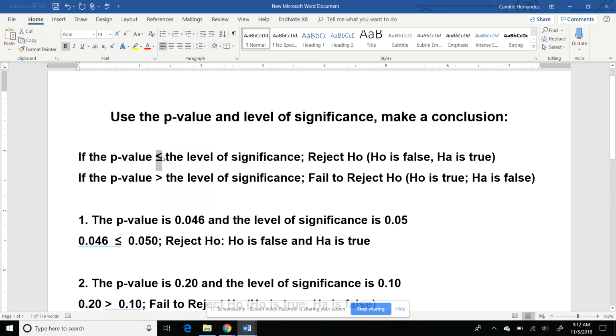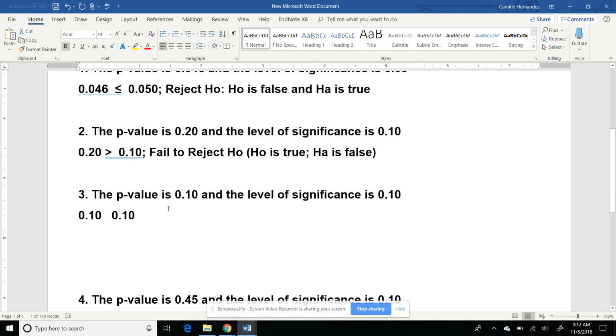So if I put this in, and I hope some of you remember this from 1001 or other math classes, this is a true statement because of that equality sign. 0.10 is equal to 0.10. Since this is a true statement, I reject the null again. And that means my null is false and my HA is true.